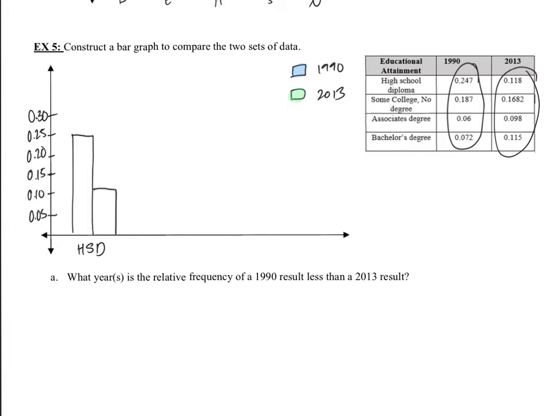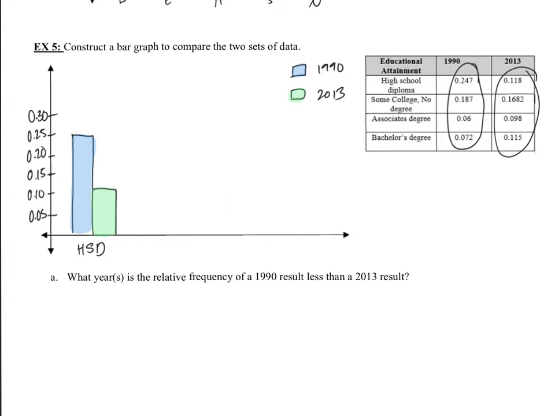Let's color code these. 1990 was blue. We're going to keep the 1990 values first always, and the 2013s second. It doesn't actually matter, but as long as you keep with that pattern, you should be good.